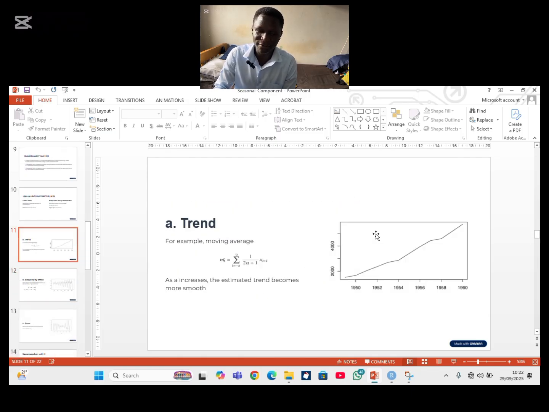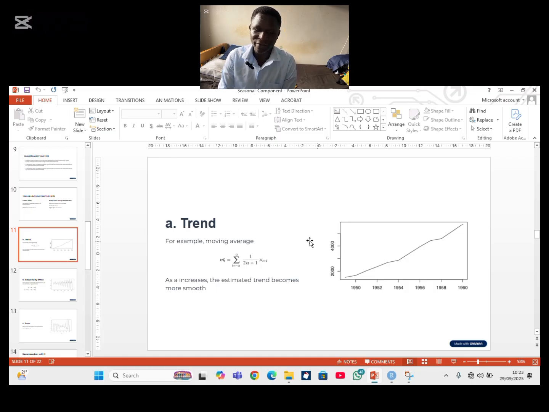Now, we have our series. How can we get the trend from our series? Now, yes, we shall discuss more about this in the future, but it doesn't hurt for us to hint on it. You could use a moving average, whether it is a 4 moving average, 5 moving average, but as long as you're using a moving average, I think it can do pretty well to estimate your trend.